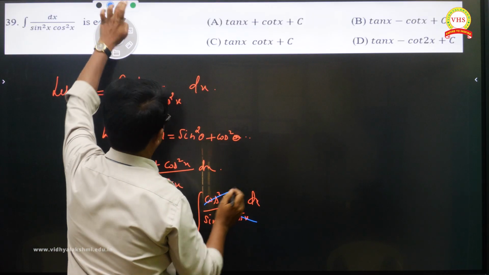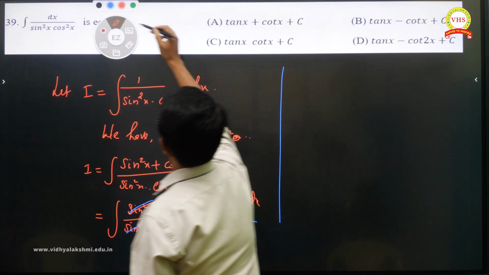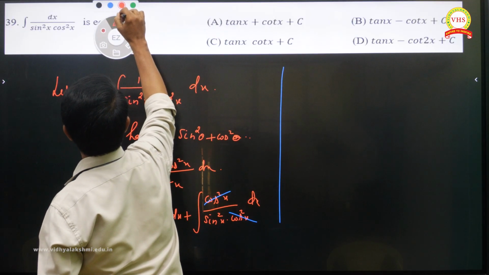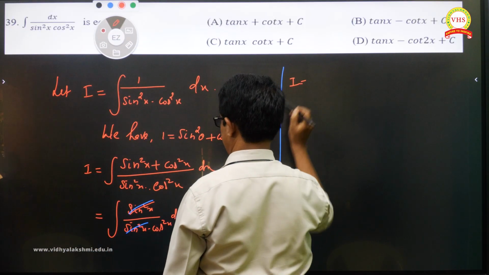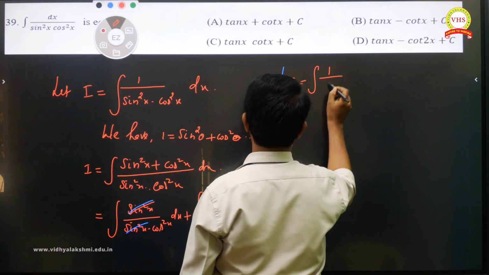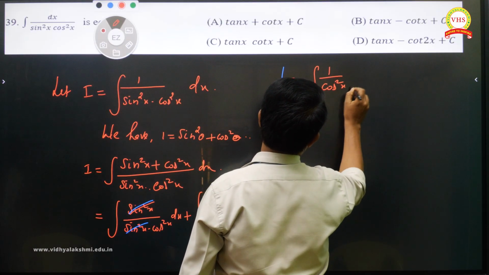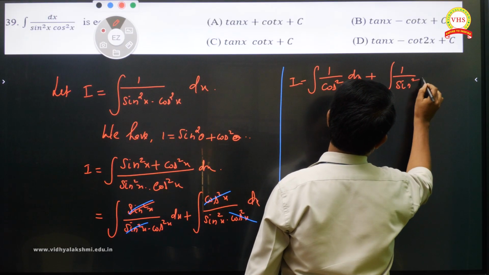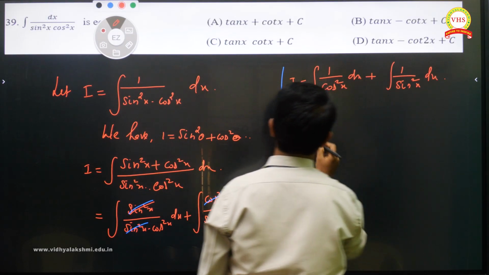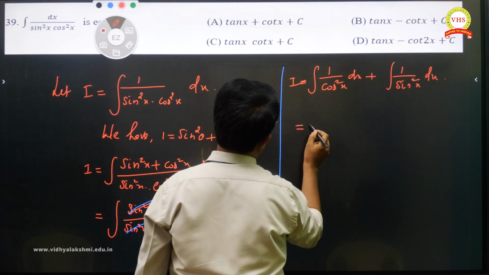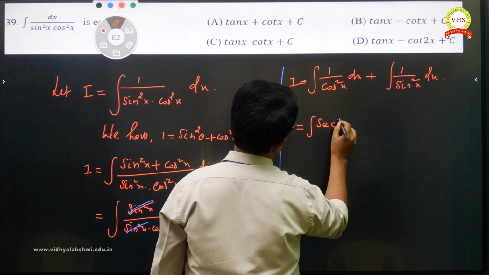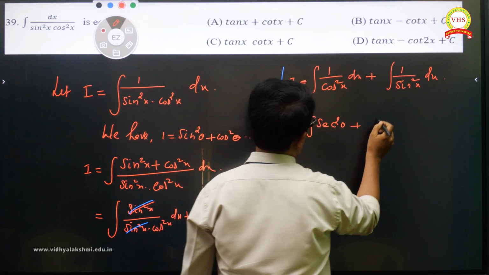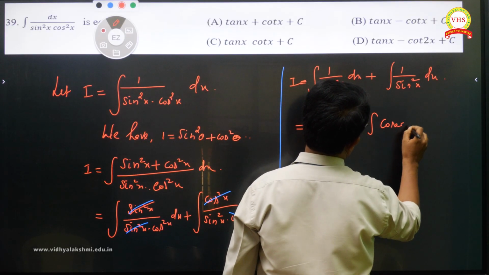What is the final answer? Finally, I equals the integral of 1 by cos square x dx plus the integral of 1 by sin square x dx. 1 by cos square theta is secant square theta, and 1 by sin square theta is cosecant square theta.